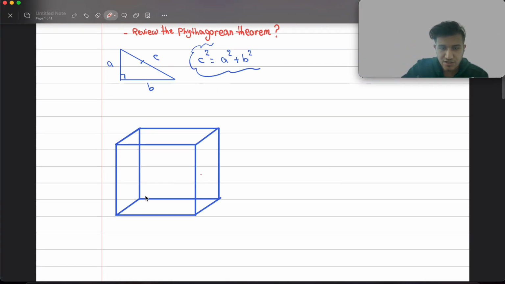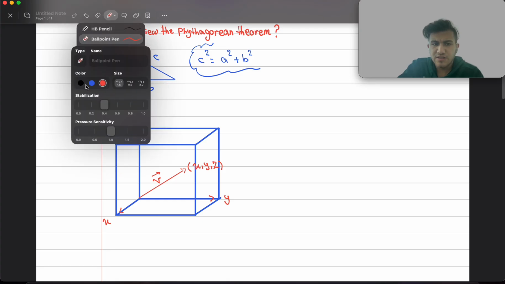Let's say this is the cube, and the vector pointing out here, we name it v. This vector has x and y and also z coordinates. We assume that this is the z-axis, this is the x-axis, and this is the y-axis, right?